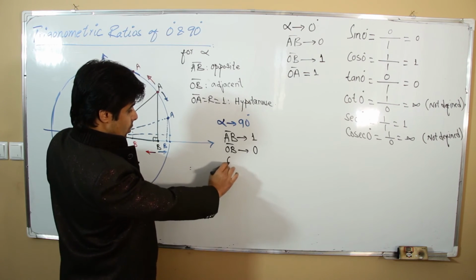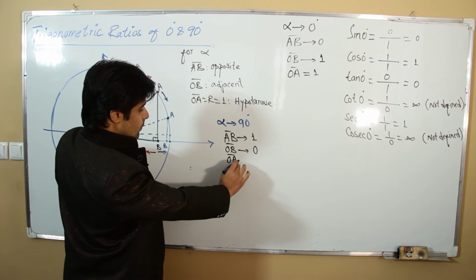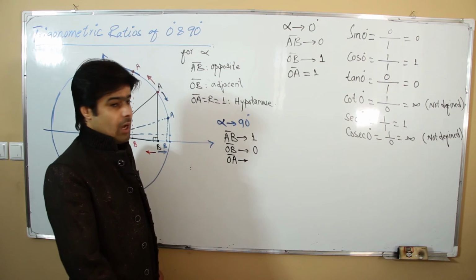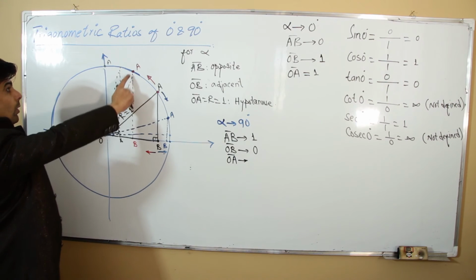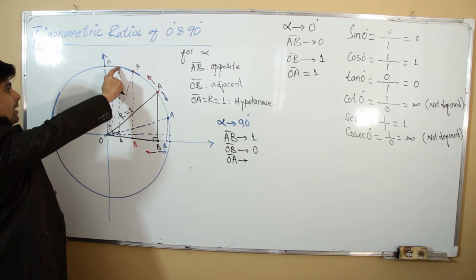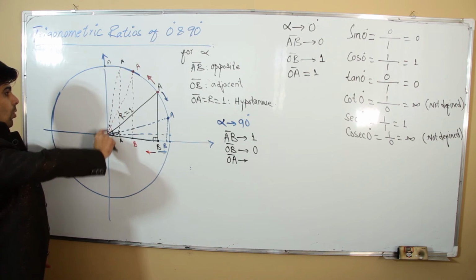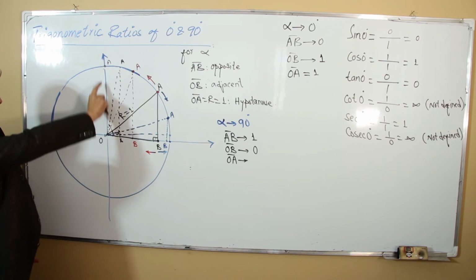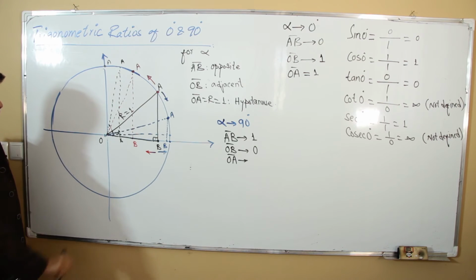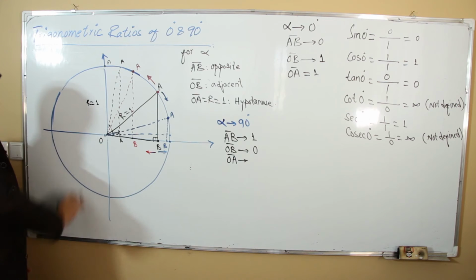What's happening on OA, which is the hypotenuse? Listen, this is OA, this is A. OA is the radius, and once again A with O, this is R, which is 1.